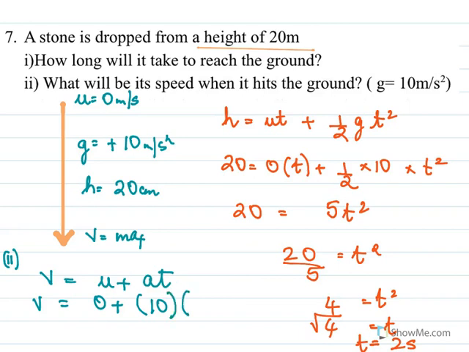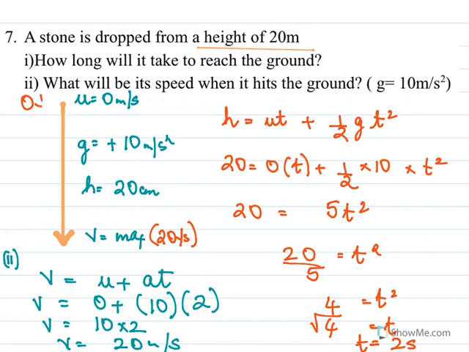And the time here we have calculated as 2. So we have v equal to 10 into 2. So v equal to 20 meter per second. So when it drops, its velocity will be 20 meter per second. So velocity will increase from 0 meter per second as it goes down to 20 meter per second.